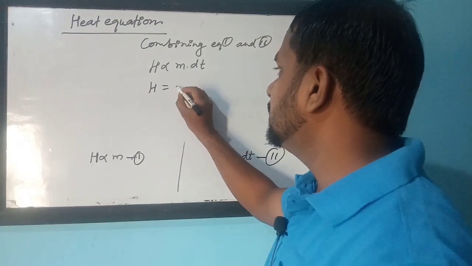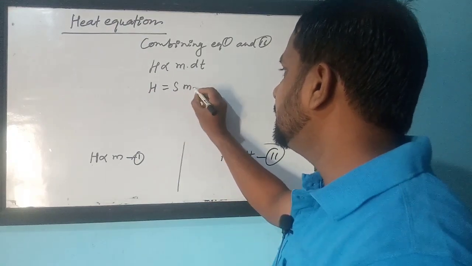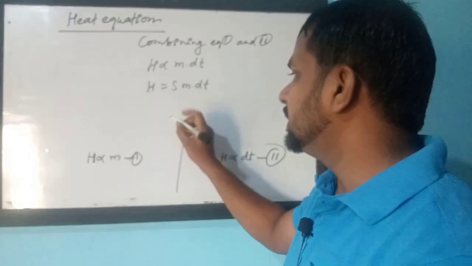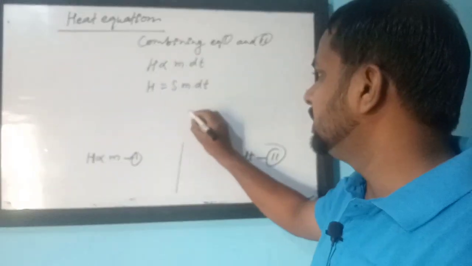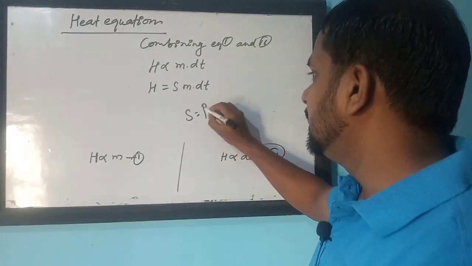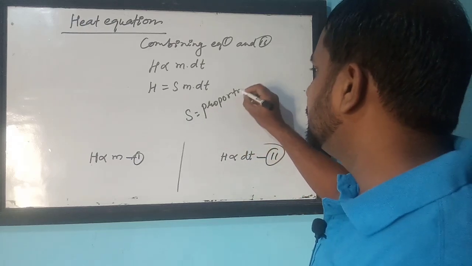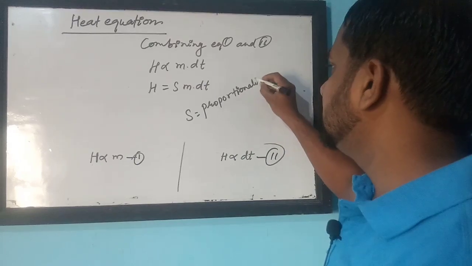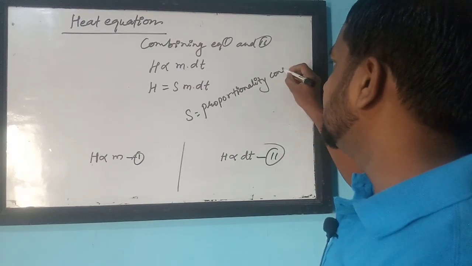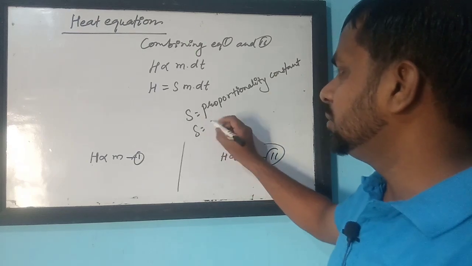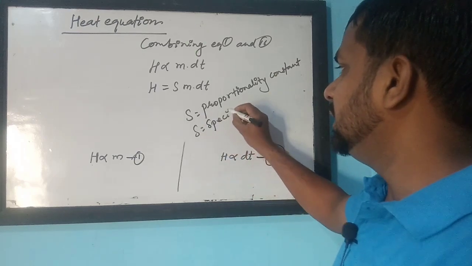H is equal to S m dT, and this S is called the proportionality constant. This is also known as the specific heat capacity.